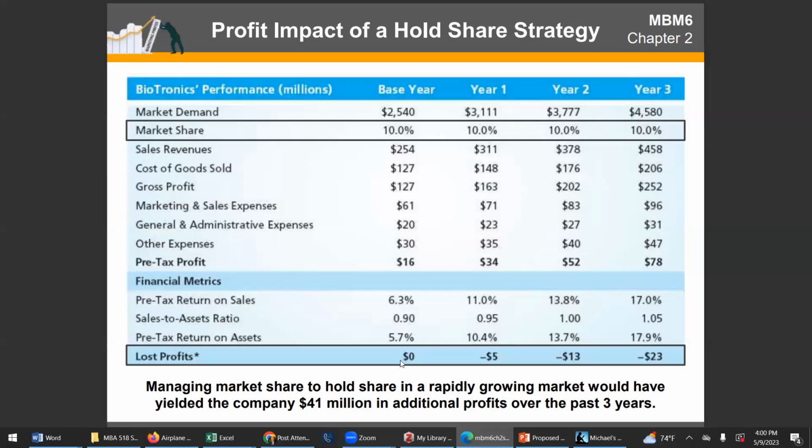So what I hope you're starting to see in this chapter, in this lecture, is that there is more to the story than simply the accounting statements, okay?